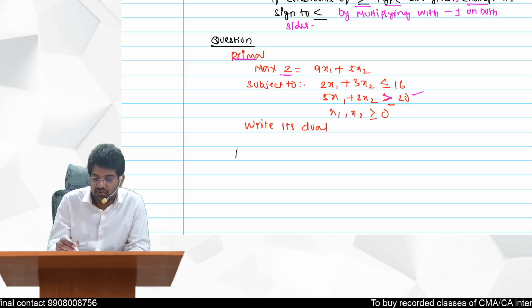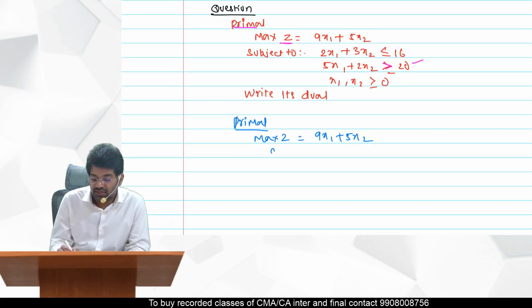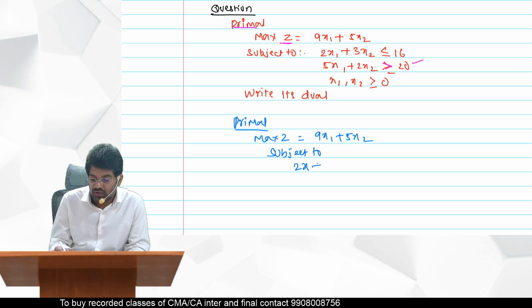So what we need to do is take the same thing. First, primal only we will present here. Max Z equals 9x1 plus 5x2 subject to 2x1 plus 3x2 less than or equal to 16.